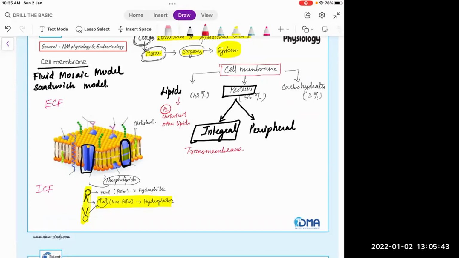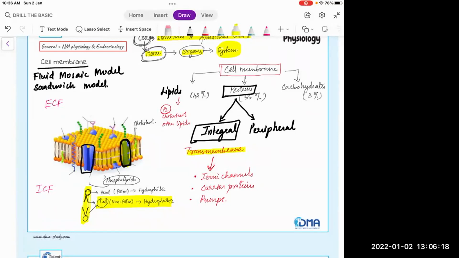Okay, so these integral proteins, since they cover the entire thickness of the cell membrane, act as ionic channels, or act as carrier proteins. They also act as transport pumps. So this integral protein is present all over the thickness of the cell membrane from ECF up to the ICF. So it acts as a transmembrane protein.